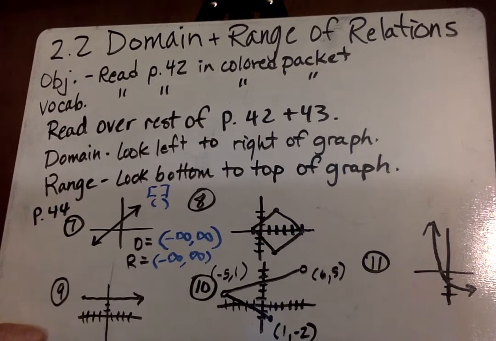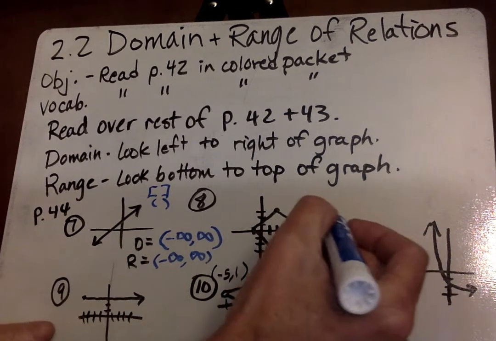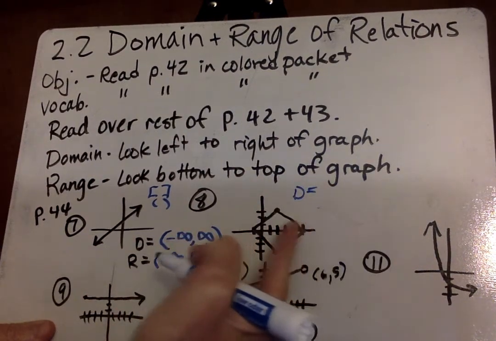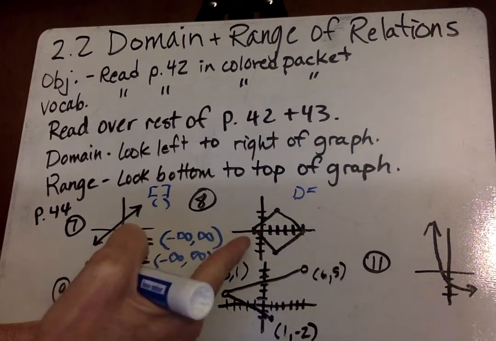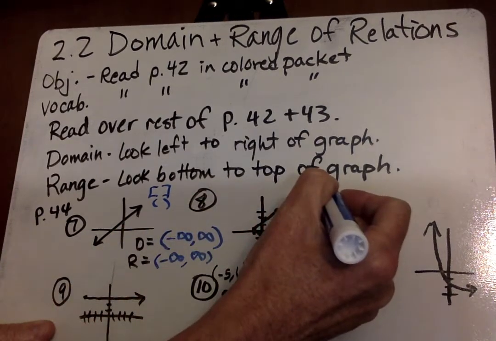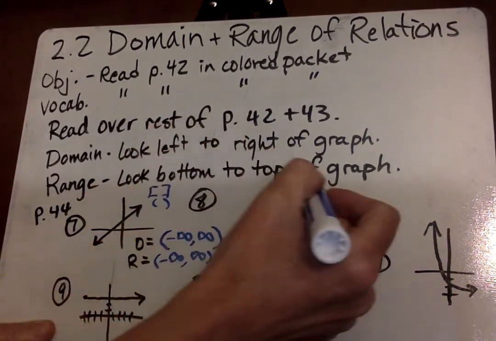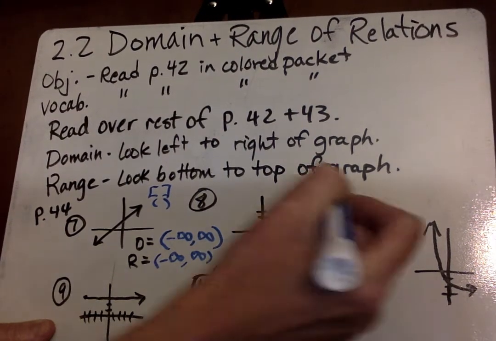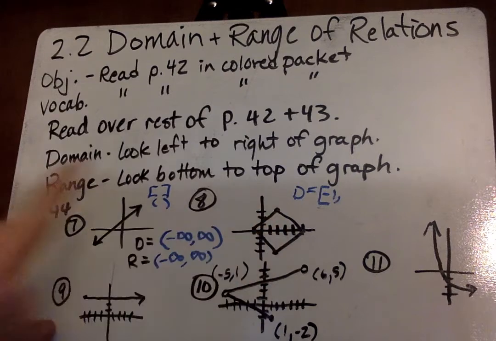All right, now we're going to go on to number 8 on that same page. So I'm going to look for my domain first. I look, what is the lowest number on my x value, left to right? Right there, it's -1. And does it include -1? Yes, it does. So I'm going to put a bracket, -1, and it goes all the way up to, I believe, +5.